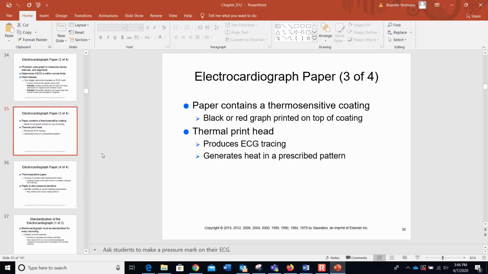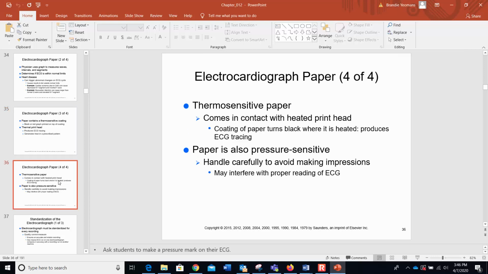The paper is thermosensitive, covered with thermosensitive material. Typically it's red graph paper, but sometimes it can be black. The thermal print head produces the ECG tracing. It generates heat in a prescribed pattern to follow the rhythm the heart is going through.